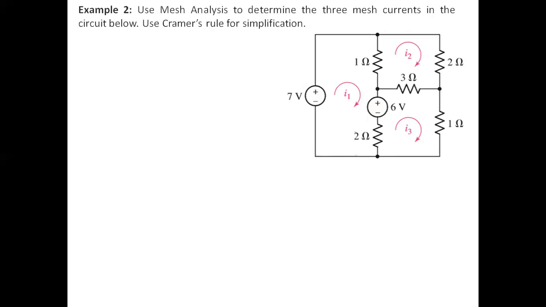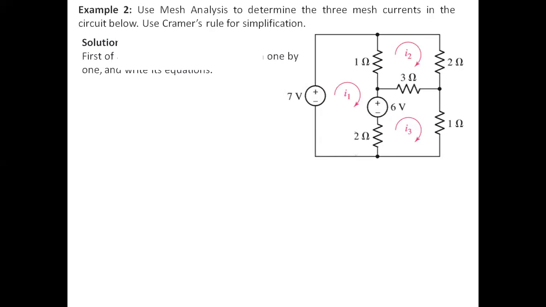After that, find the determinants delta 1, delta 2, delta 3 and delta. Once you find all these 4, we can take delta 1 by delta equal to I1, delta 2 by delta equal to I2 and delta 3 by delta equal to I3.